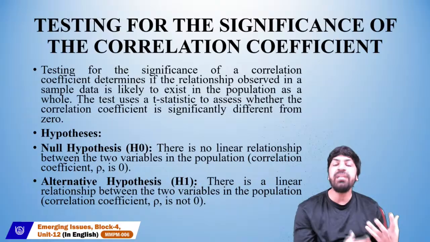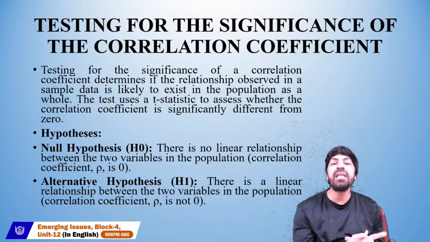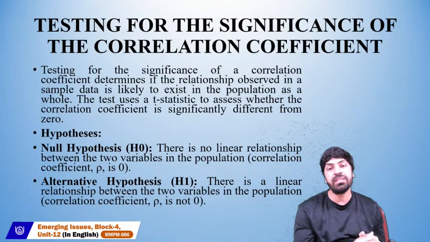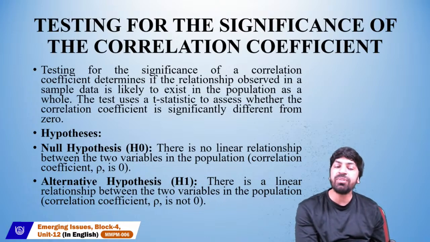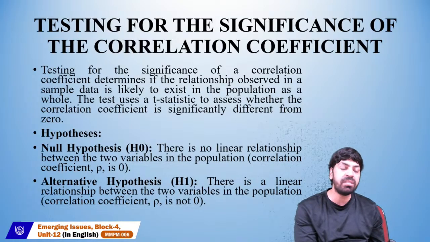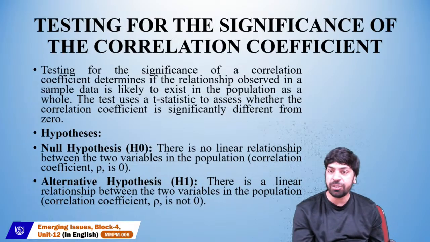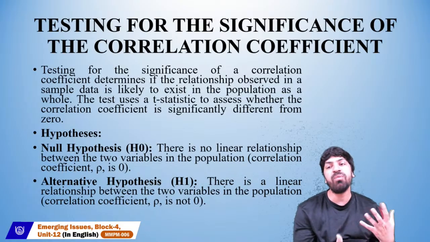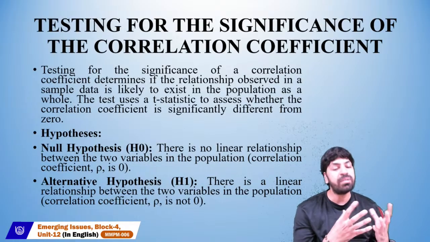Before applying the statistical tool, that is the t-test, we need to formulate the hypothesis statements. There are two main types: the null hypothesis and the alternate hypothesis. The null hypothesis shows there is no linear relationship between the two variables in the population as a whole, that means the correlation coefficient is equal to 0.